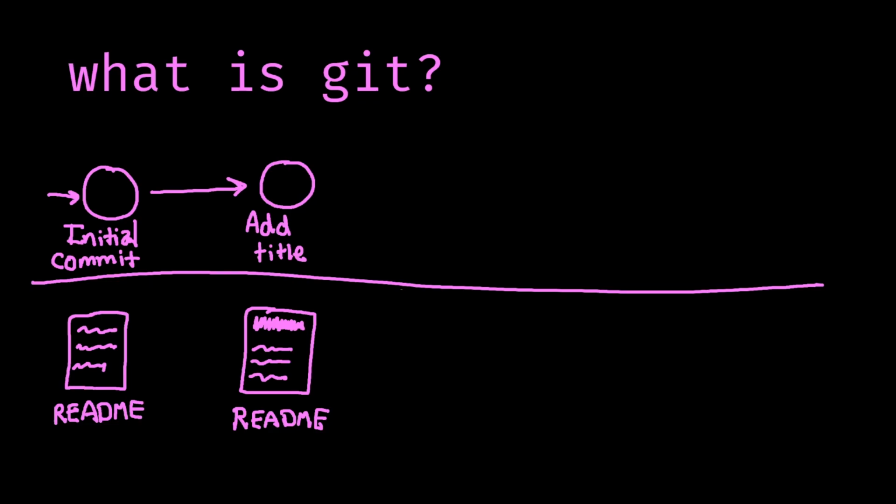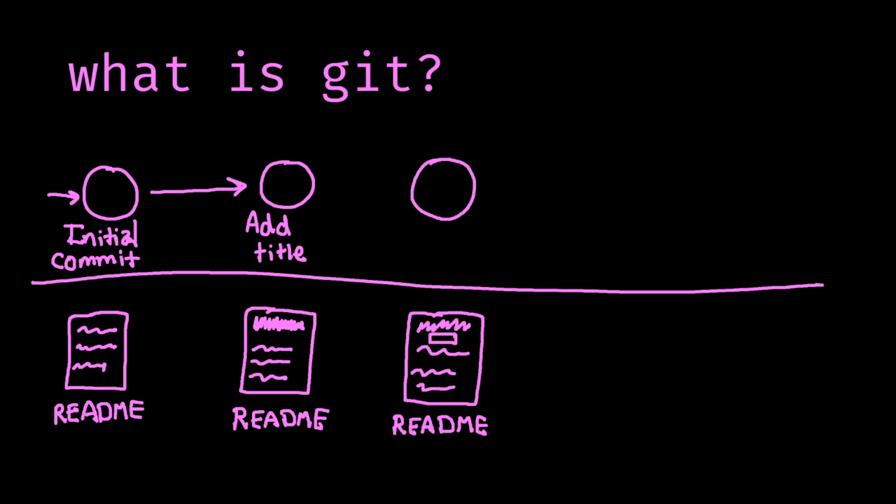Now let's say we make another change. We still have the README. But let's imagine that maybe we add some kind of author block right here. It's still the README, but now we have created another point. We have added the authors.